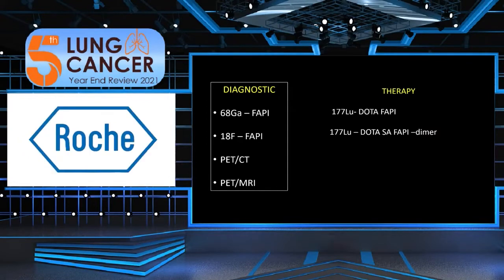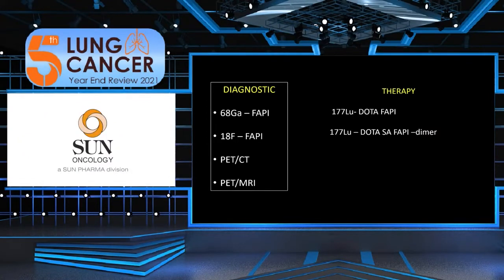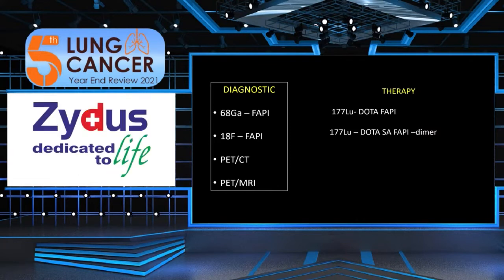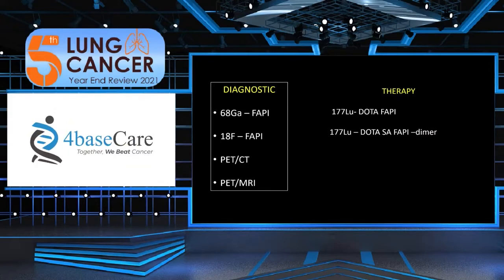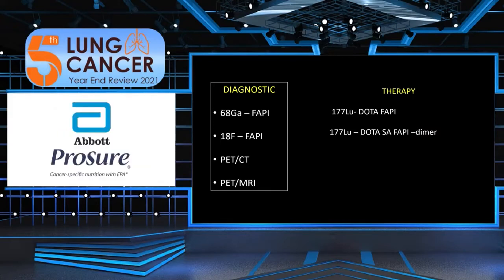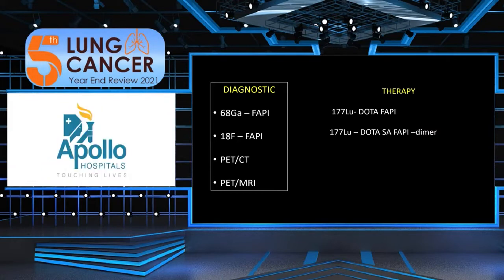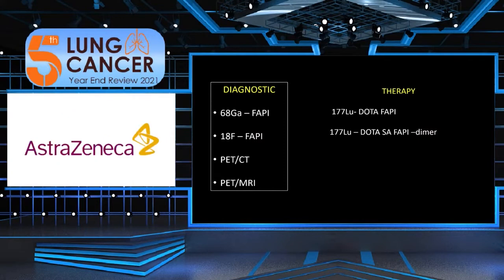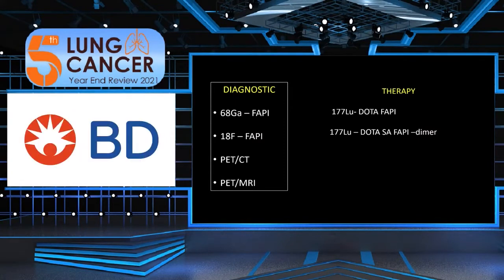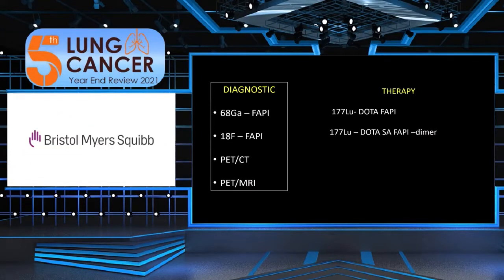Now, talking about this DOTA-FAPI, while we talk of gallium FAPI, the retention of the product is not very important, because once we inject, within 60 minutes we finish the imaging. But in therapy, we expect the molecule to stay in that region for a reasonably long time. Ideally, take a good agent which gets internalized, for example, iodine-131, a very good theranostic tool.